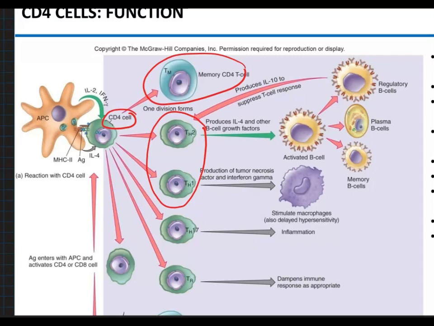I just want you to know that T helper cells can increase the activation of B cells. Sometimes B cells need a little push from CD4 T cells to produce a lot of antibodies. They also stimulate macrophages to become more effective at destroying infected or cancerous cells.